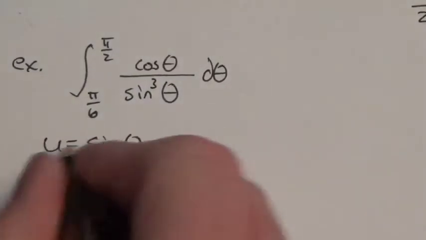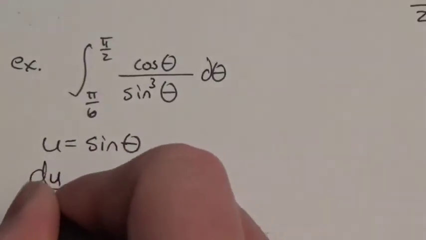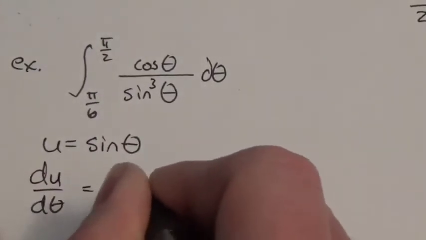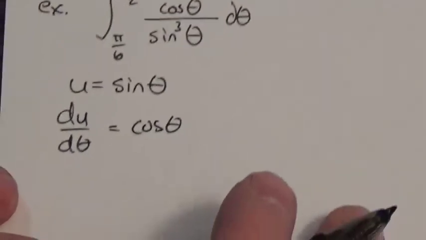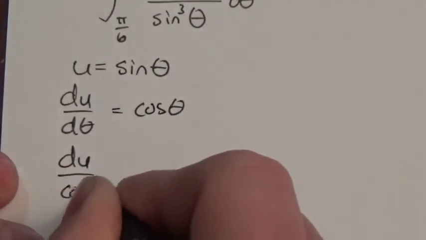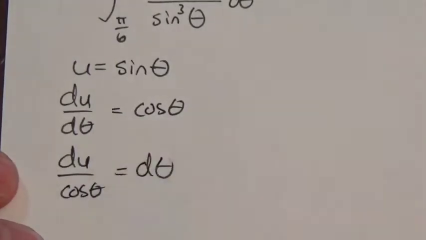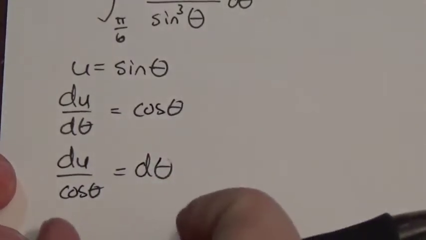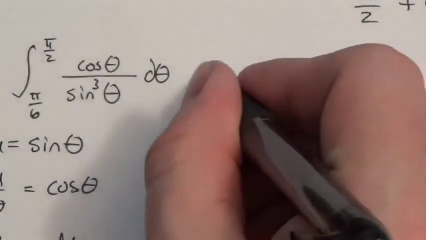So here we go. We make that replacement, and then du by d theta will equal the cosine of theta. Now I'm going to solve for d theta, so du over the cosine of theta is equal to d theta. Wonderful. Now I can go back up to my expression.